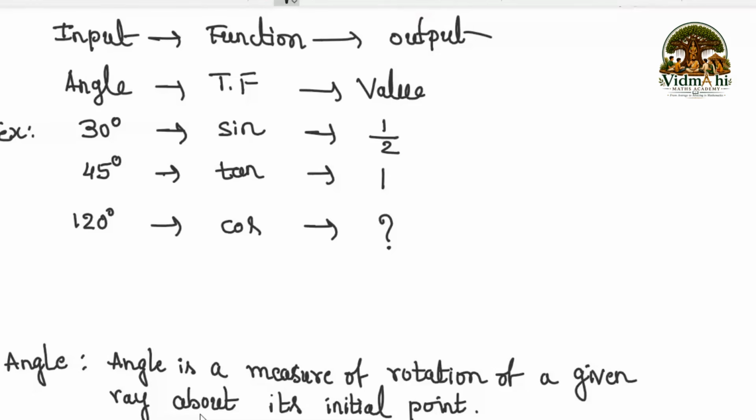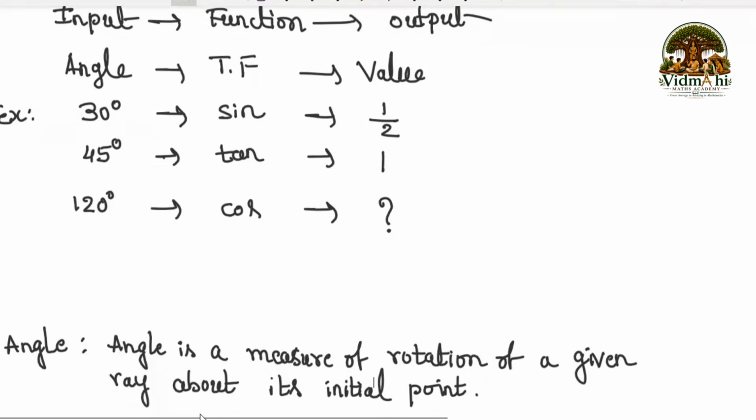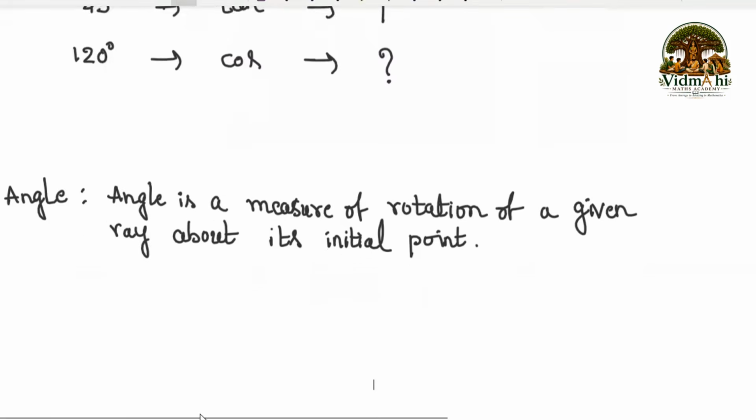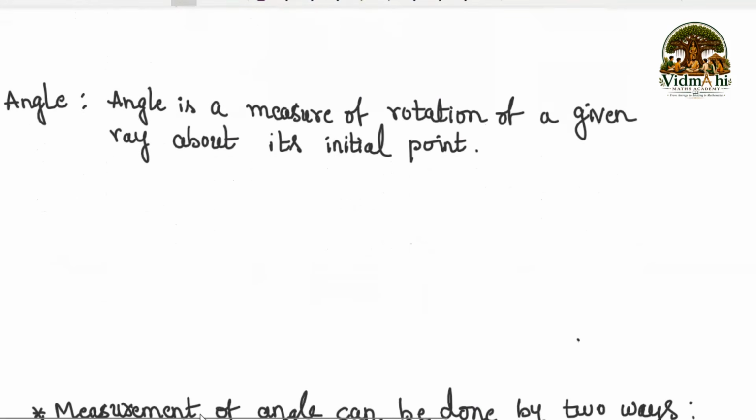There should be a unit, right? So we also need a unit to measure an angle. So that angle is a measure of rotation of a given ray about its initial point.